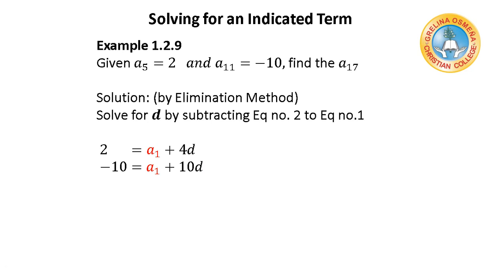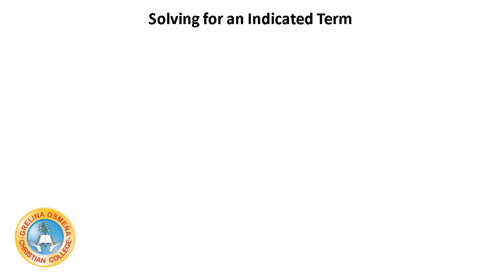By subtraction, 2 minus negative 10 is positive 12, and a sub 1 minus a sub 1 is 0. In the elimination method, we should eliminate one unknown. We eliminate a sub 1 first since they are the same term, so subtracting them, a sub 1 minus a sub 1 is 0. We have 4 minus 10, that's negative 6d. So negative 6d equals 12, and d is equal to negative 2.